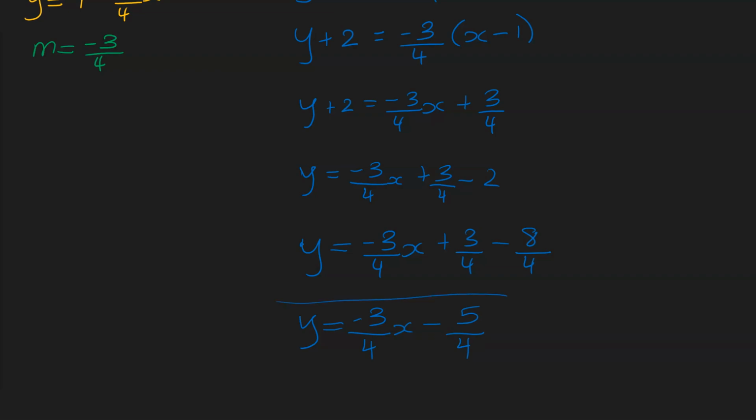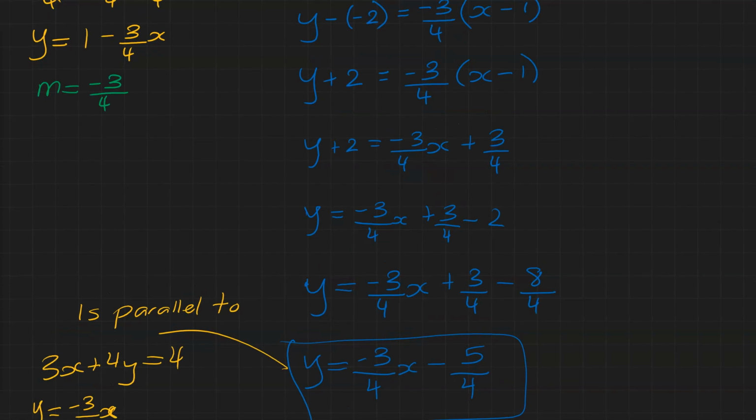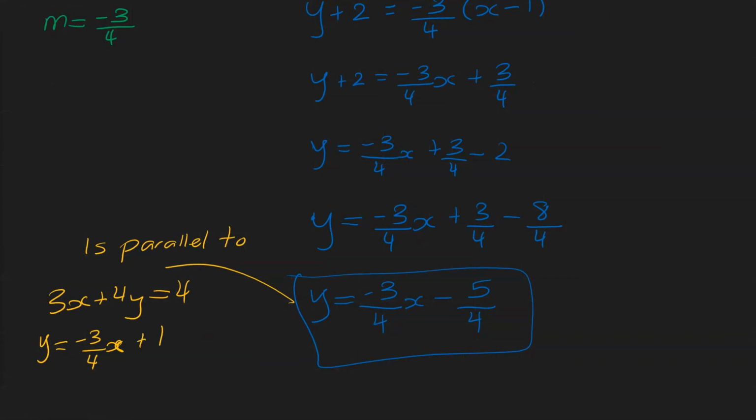And I have just found an equation that is parallel to the original equation, 3x plus 4y equals 4, which in other words was y equals negative 3 over 4 x plus 1. And that is how you determine a parallel equation or find an equation of a parallel line.